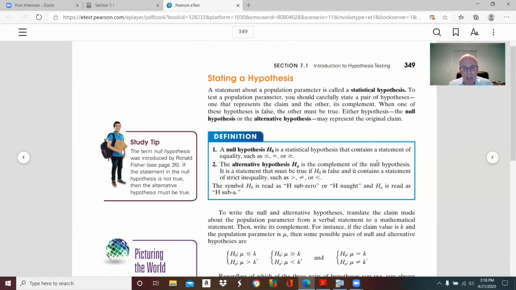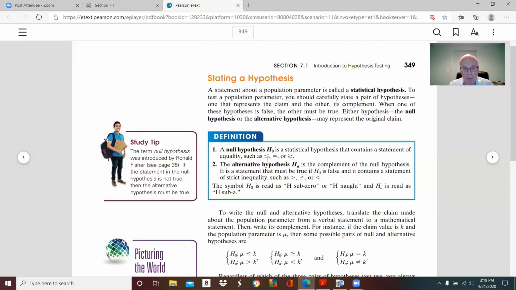Now, it mentions in this definition here the signs, the operations that we're going to use for each of the hypotheses. For example, for the null hypothesis, we have a statement. It's going to be a symbolic statement, not in words, but in symbols. And we're going to have either less than or equal to, or greater than or equal to in the symbolic statement for the null hypothesis.